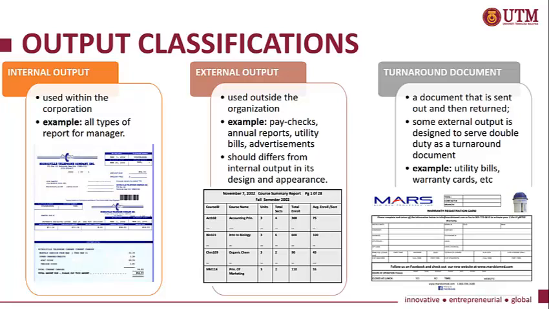So we consider the utility bill a turnaround document. After we pay the bill, TMB will update our account. This update is considered the next process that TMB needs to continue.